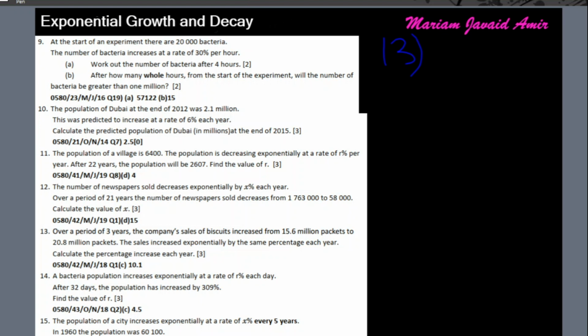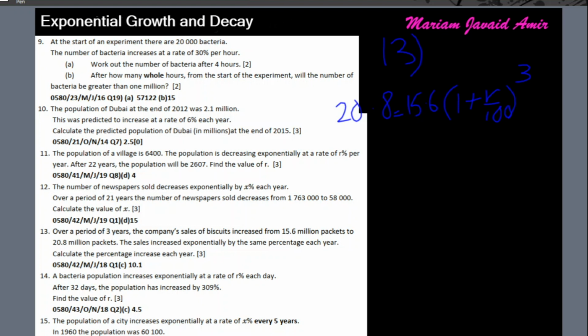So, over a period of 3 years, so raised to the power 3, the company's sales of biscuit increases from 15.6 initial value to 20.8. Okay, and then the sales increase exponentially by the same percentage each year. Calculate the percentage increase. So 1 plus R over 100. So I guess we're supposed to find the rate only.